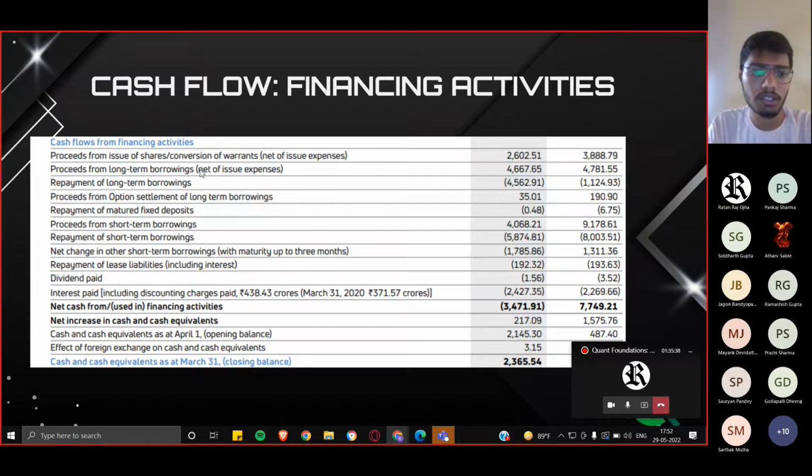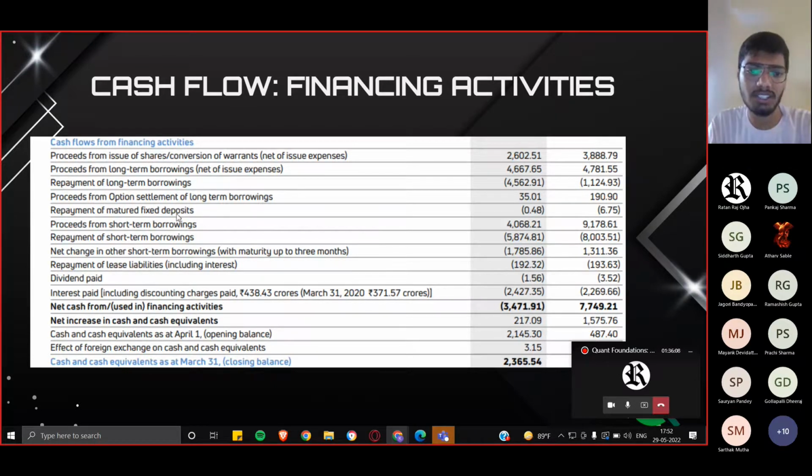Then long-term borrowings, repayment of long-term borrowings. Suppose they have taken some borrowings from a corporate or entities such as government, then it comes under that. Whatever repayment they have made on the old borrowings comes under this. Then settlement and repayment of long-term borrowings, similar stuff.